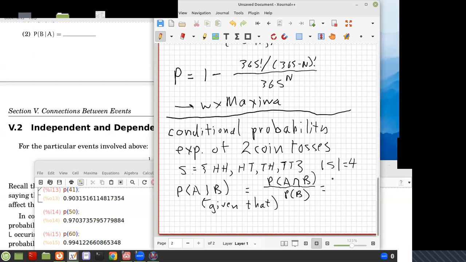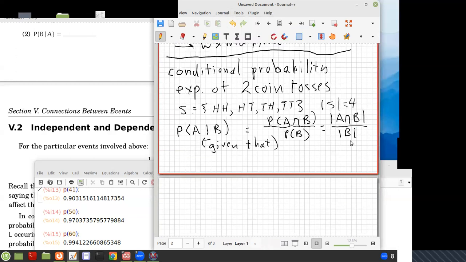Each of these probabilities has the size of the sample space, 4, in the denominator, so if I multiply numerator and denominator by 4, I just get this counting form. It looks like a probability in which I've changed the sample space from the whole space to this event B, and I'm looking only at those outcomes in A that also occurred in B. This is the official definition that applies even when classical probability doesn't apply.